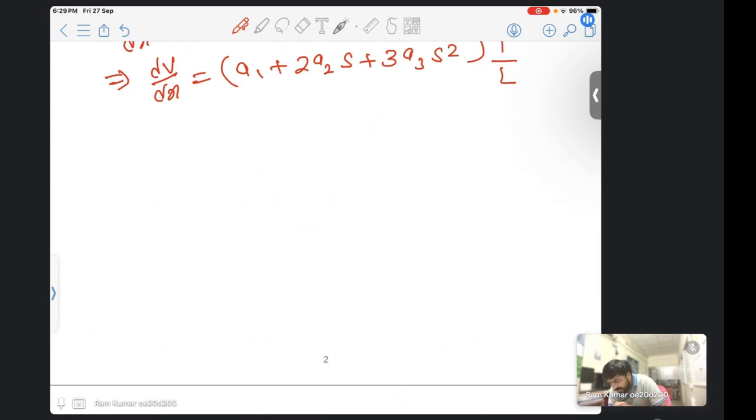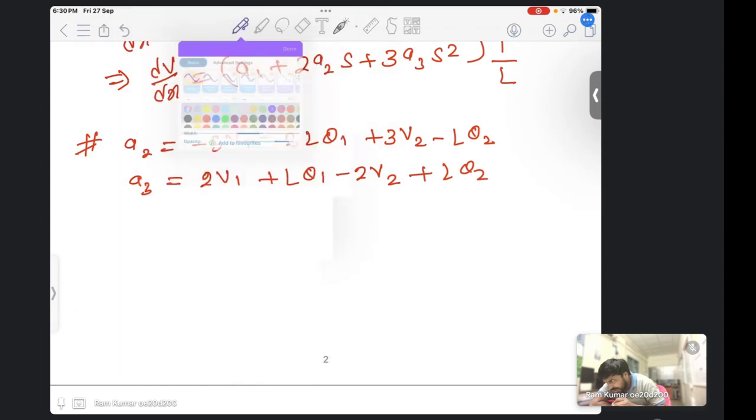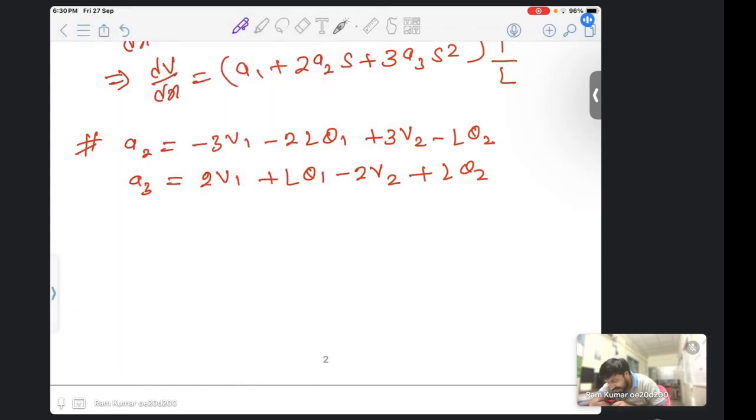So we will get a2 equal to, just check, a2 should be minus 3b1 minus 2l theta 1 plus 3b2 minus l theta 2, and a3 will be 2b1 plus l theta 1 minus 2b2 plus l theta 2. So this will be our a2 and a3.